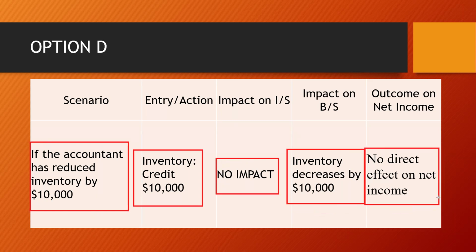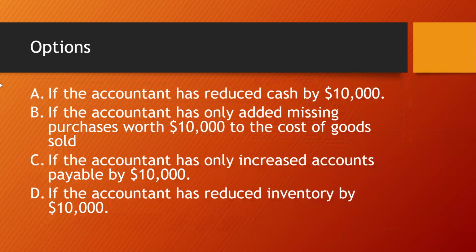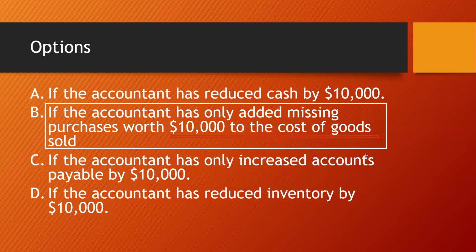What are you saying? I will come to it, because if you read the options, B specifically said they made an adjustment on the cost of goods sold. The entry is made, the adjustment on the cost of goods sold.